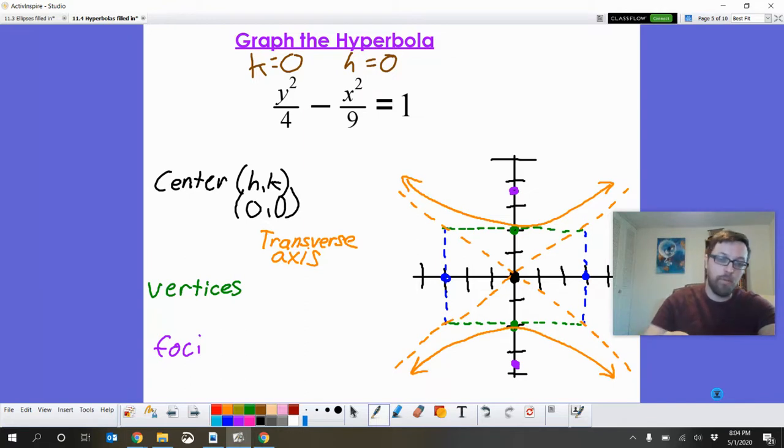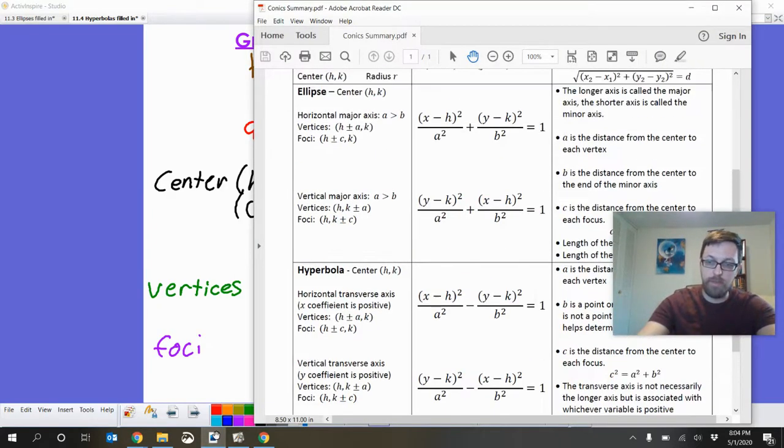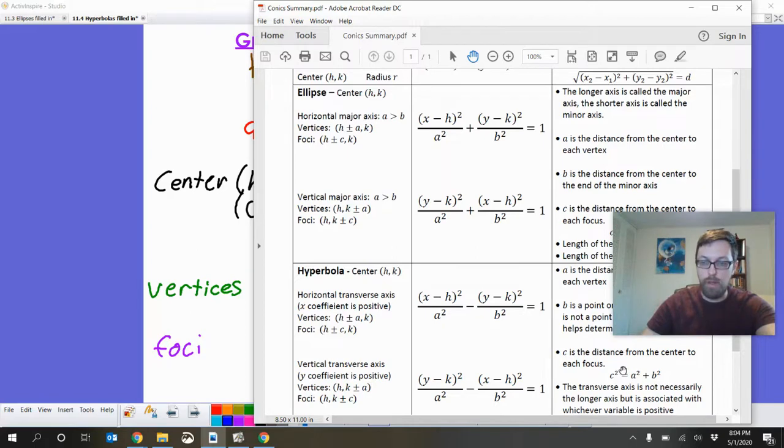Next, we've got to figure out what our a and our b are. Our a goes right here, but that's a squared, that 4. So regular a should be 2. Our b is where the 9 is, but that's b squared, so we want to use 3. Now we have to figure out c eventually, and you might notice this time we do have a normal Pythagorean theorem, the way it's meant to look: c squared equals a squared plus b squared.